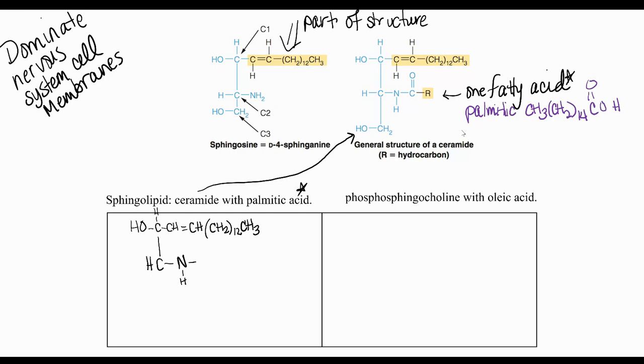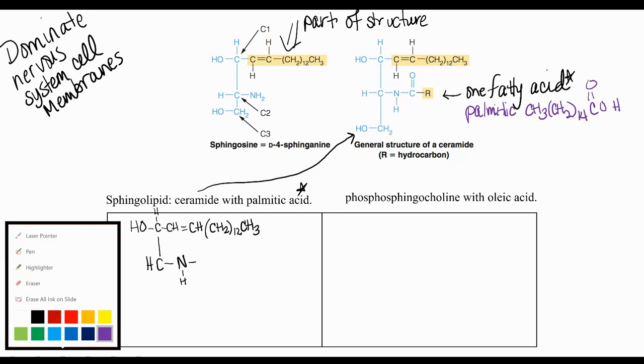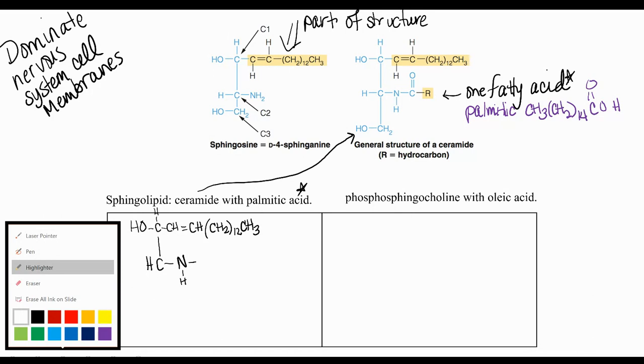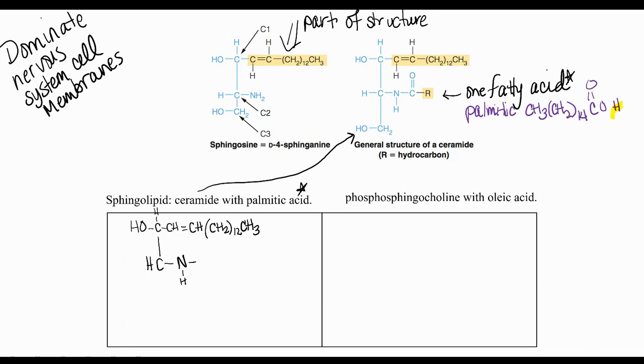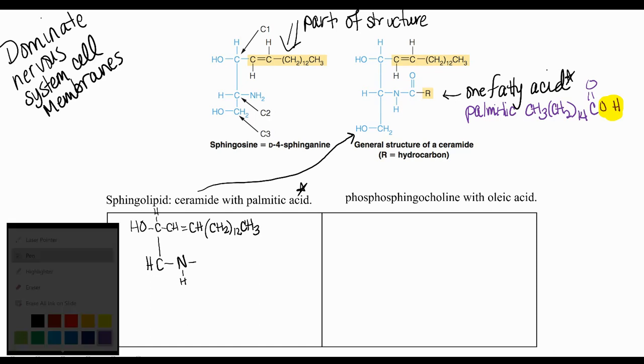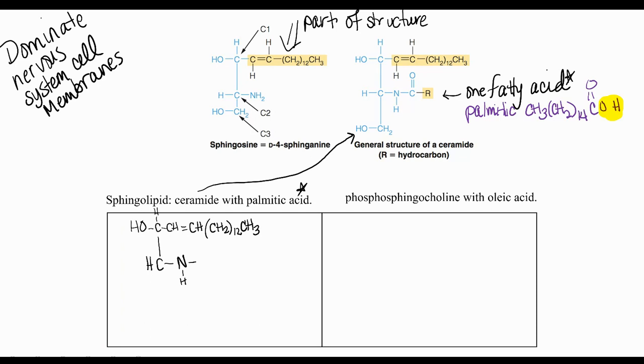And so what's going to happen there is I'm going to highlight that. Well, maybe not. I'm struggling with that highlighter right now. Oh, there we go. This OH is going to come off as a water. Okay, so what's going to happen now is I'm going to attach it. Go back to the pen. Purple. It's going to look like this.